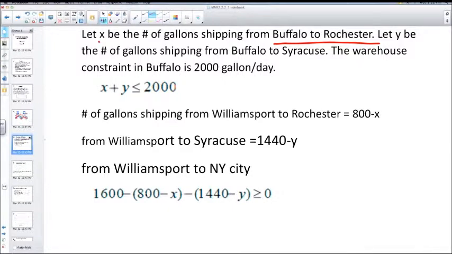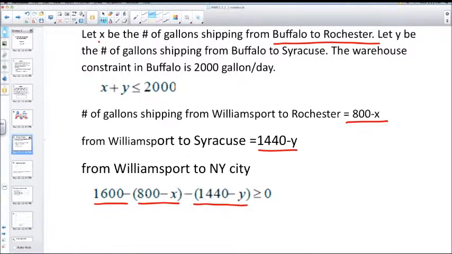So we have 800 minus X from Williamsport to Rochester. From Williamsport to Syracuse is this. So what about from Williamsport to New York City? Then it's going to be 1600 minus (800 minus X) minus (1440 minus Y).